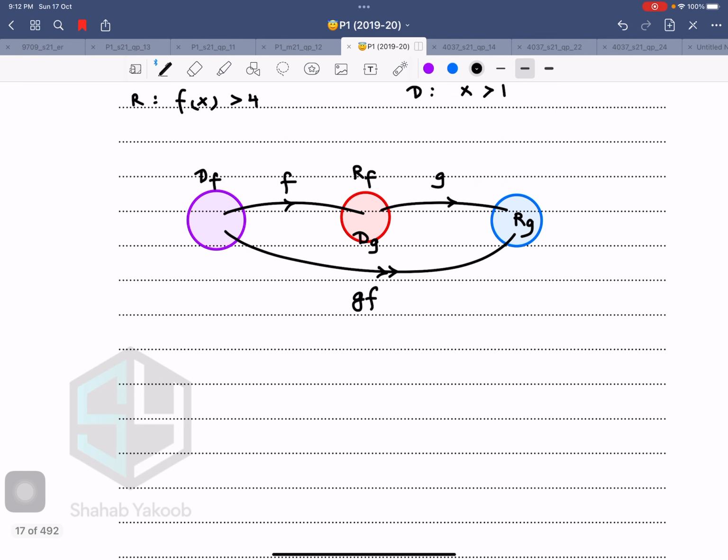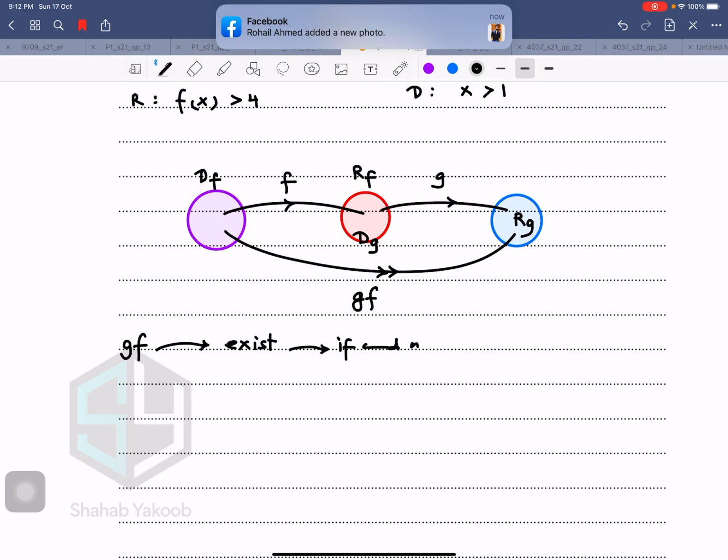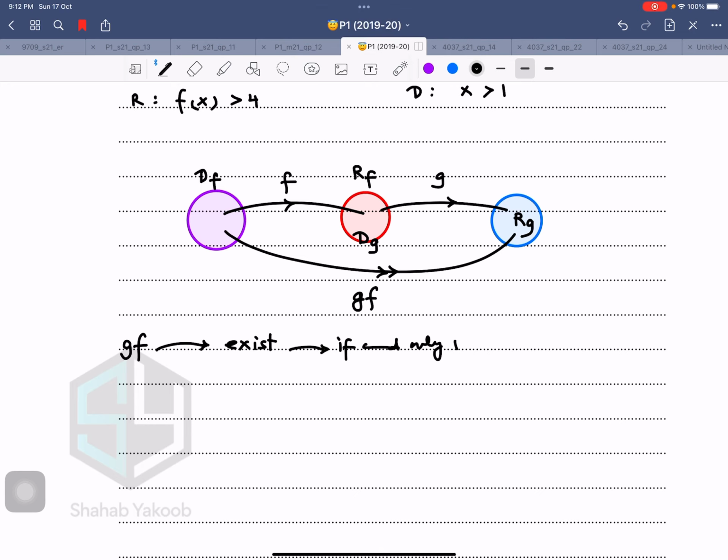So now whenever you do this thing, do it with a class. First of all, will gf exist? That is one of the questions that the examiner asks a lot. Will gf exist? Yes, it will exist if and only if the range of f is a subset of domain of g.